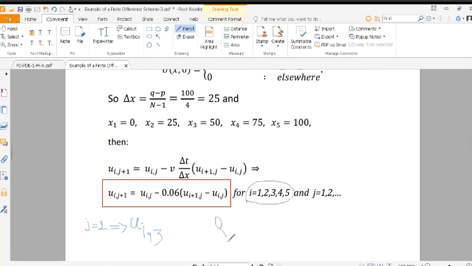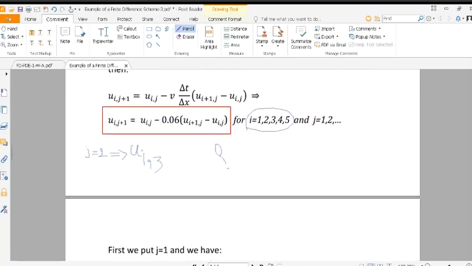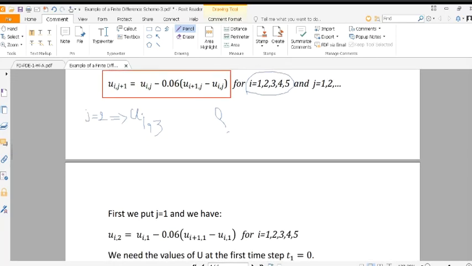Please, all of you compute this value and send me your solution. I'm waiting for your solution. The values of u are in the table, at time level j equals 2. You have these values.